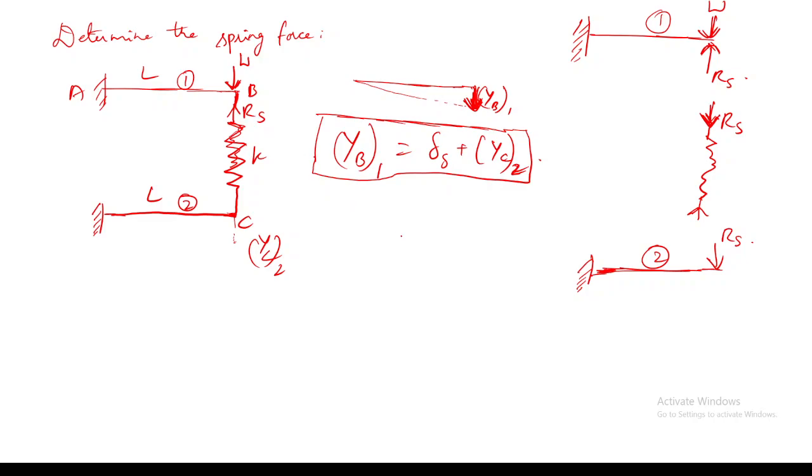So when this beam is bent like this, ultimately this spring force as well as this combined thing will also be bent by this same YB1 distance, so that only you will have this deflection as YB1. Otherwise, you won't.